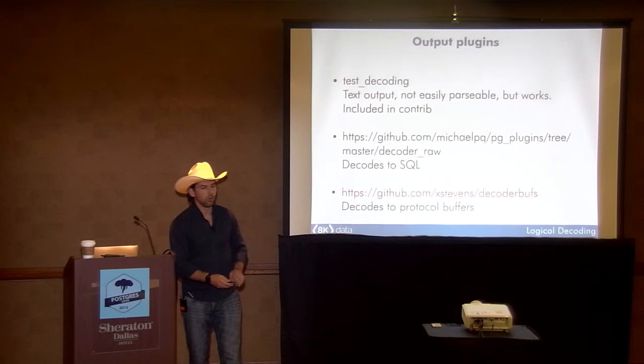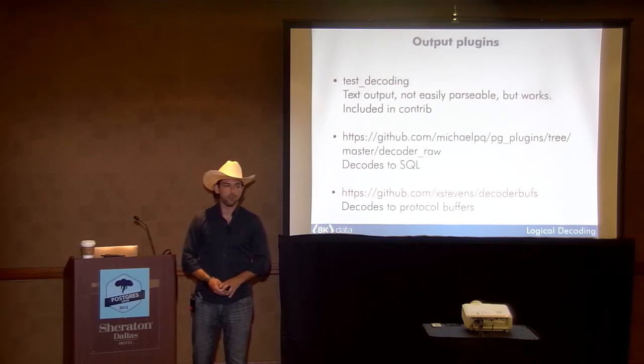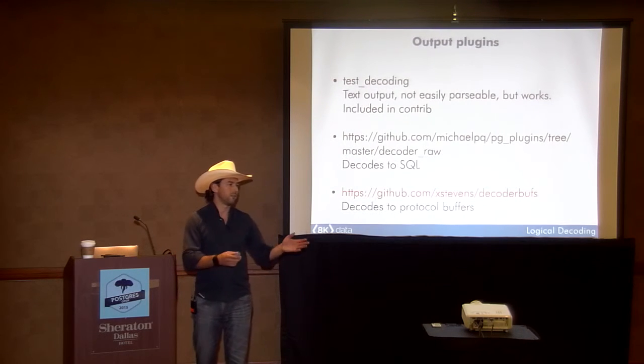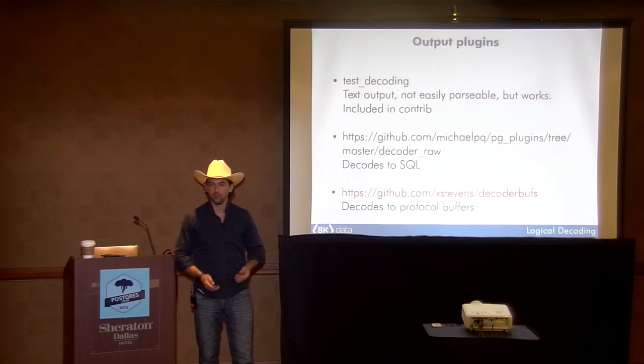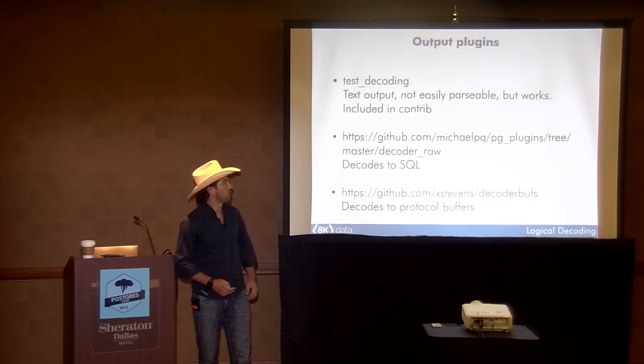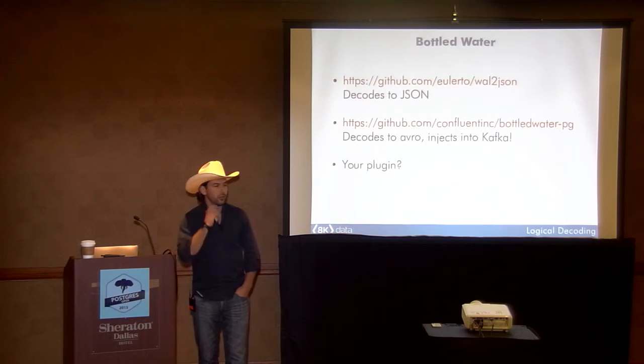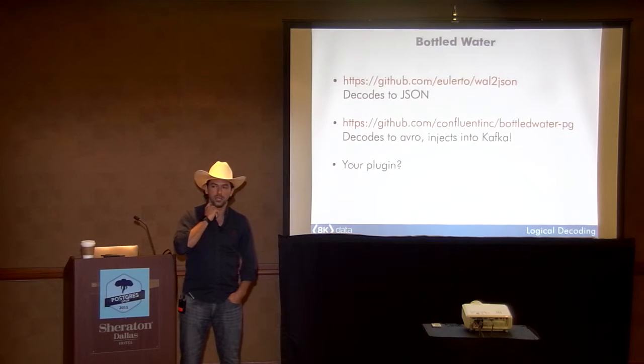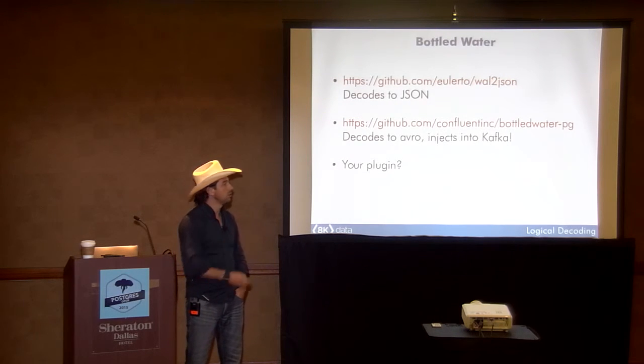There's one called decoderbufs that decodes to protocol buffers, so when I use protocol buffers to integrate the changes into another application, you can use this binary format output plugin. There's another one which outputs in JSON, wal2json.